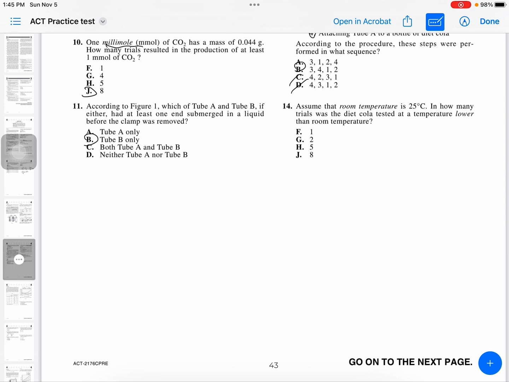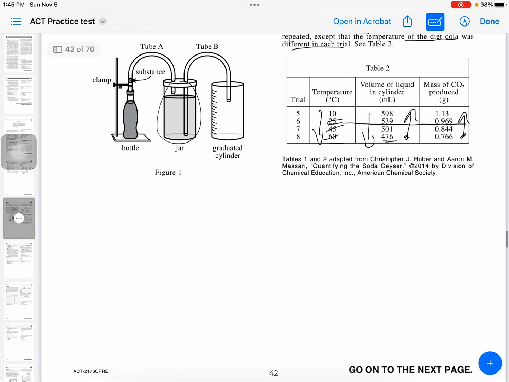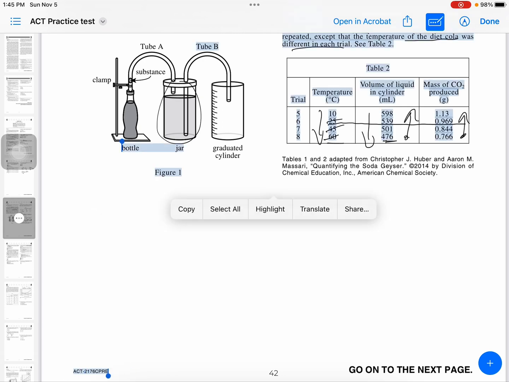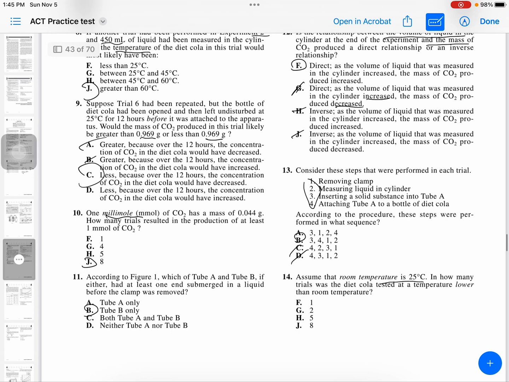And it's trial number 5, but that's only one trial, so it's got to be F.